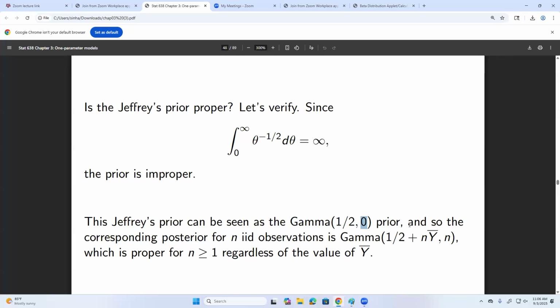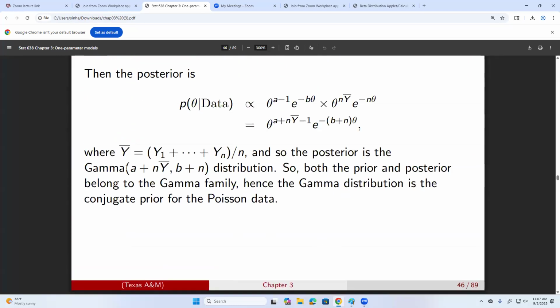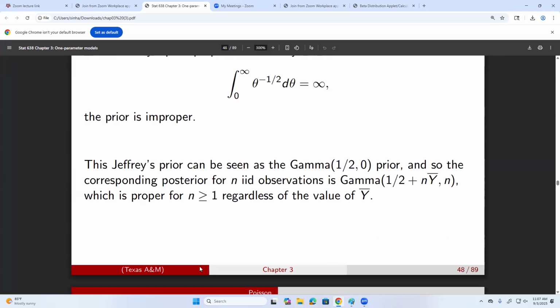Now, what is the advantage if you do that? Then the corresponding posterior for n IID observations is gamma 1/2 plus n y bar, comma n, because we have seen that with the gamma prior distribution, the posterior turned out to be a plus n y bar, comma b plus n. So you plug in b equal to 0 right there, and then you have the posterior density.